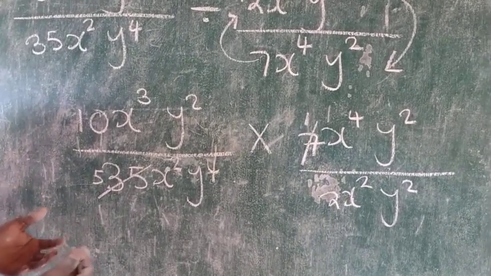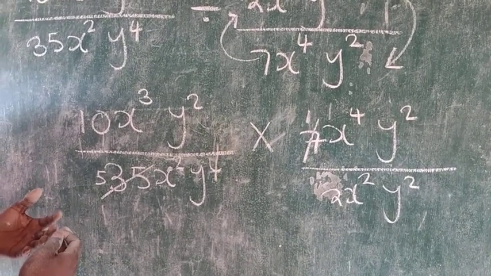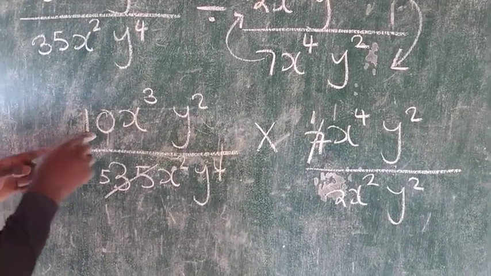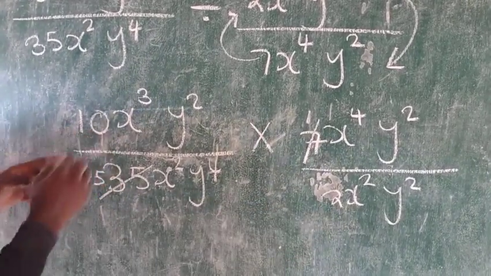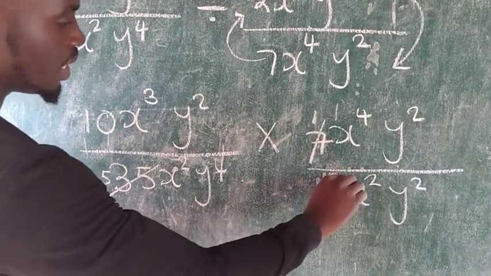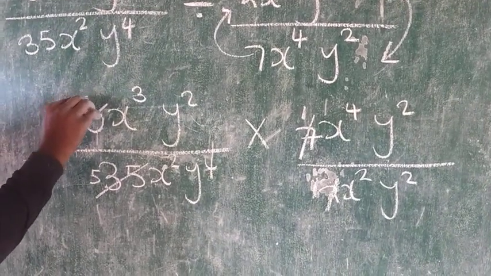If it can't go without leaving a remainder, don't divide. Now here you have 10 and 2. 2 goes into 10 without a remainder: 2 into 10 is 5.